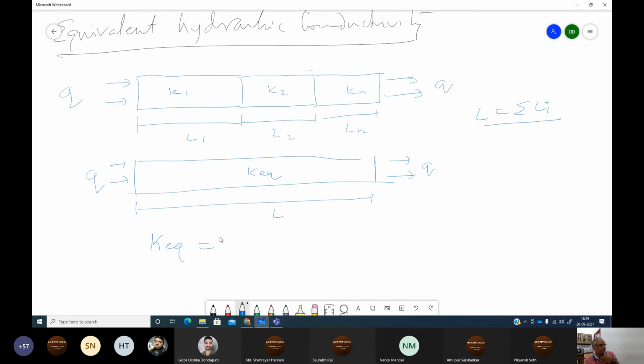Is the question clear? There are n number of layers through which water is flowing as shown in the figure, and they have variable conductivity. It will be 1 by K equivalent is equal to 1 by K1 plus 1 by K2, something like that.